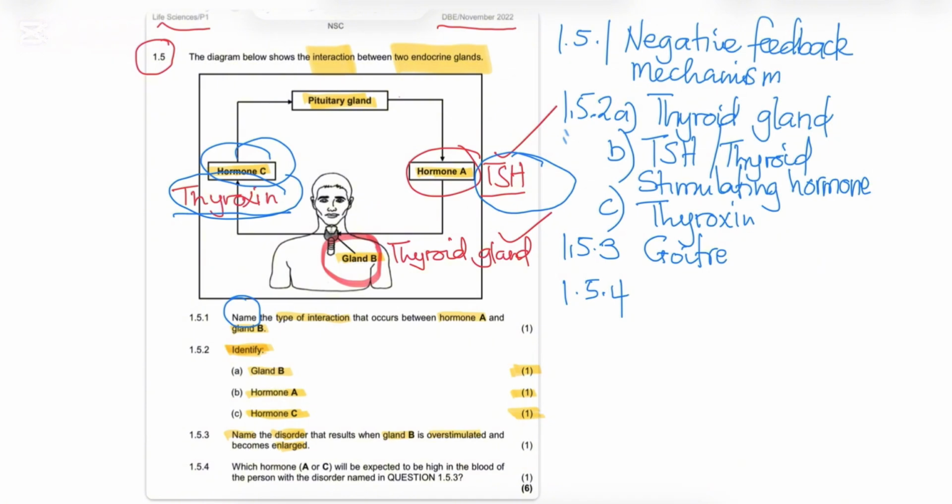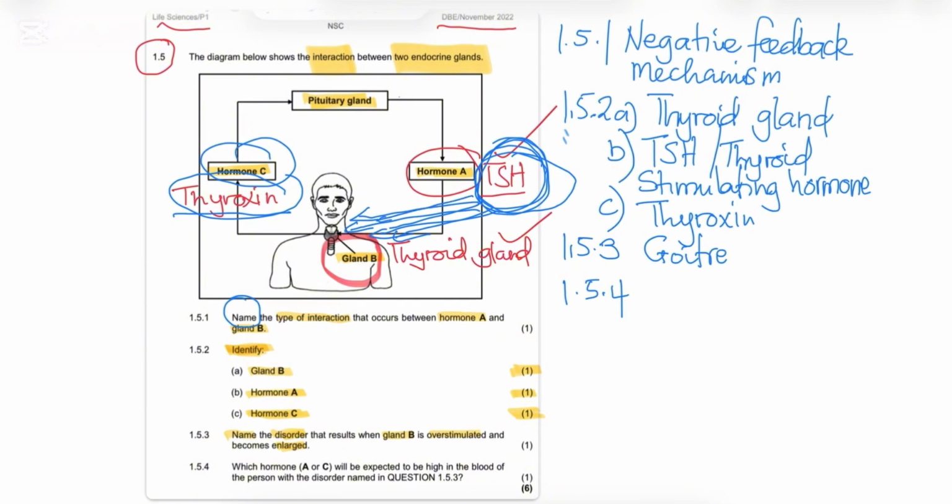If the thyroid gland is being overstimulated, it means that there is going to be an excess amount of TSH stimulating our thyroid gland.